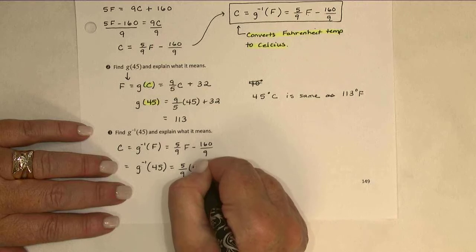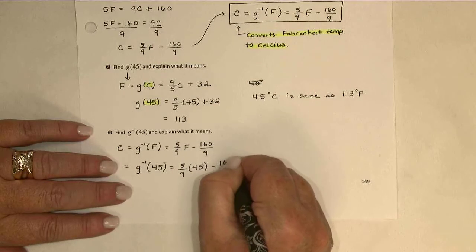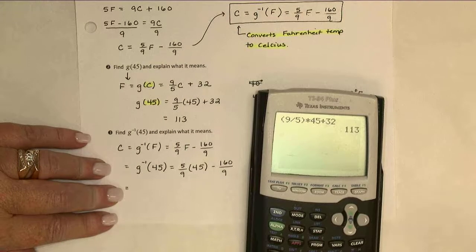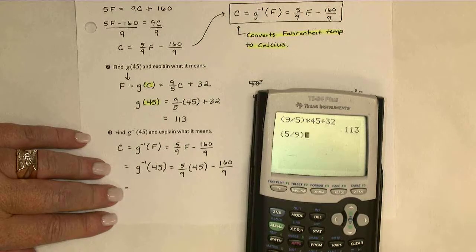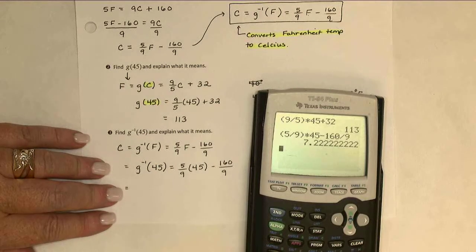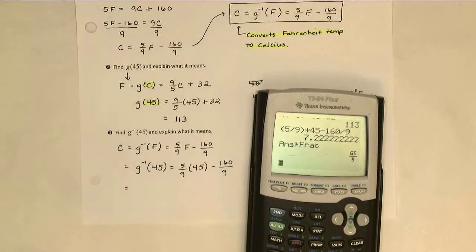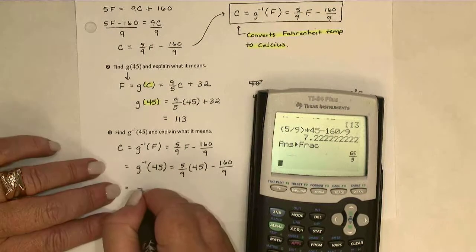So we put that 45 in place of the f. And we have 7.2 approximately. If I wanted to, I could change it to a fraction, 65/9. But if we were talking about temperature, probably the decimal form is going to be quicker to see about how warm or cold it is. So I'm going to call that about 7.2 degrees.